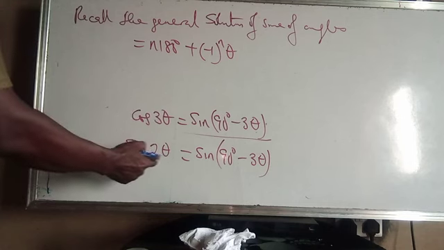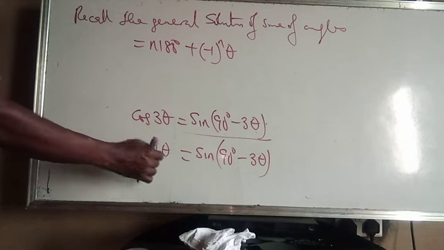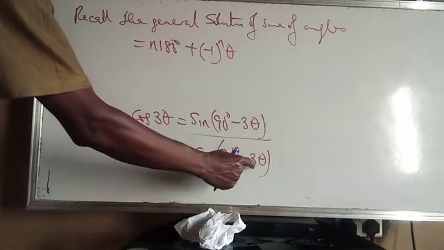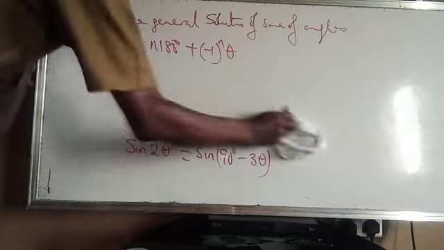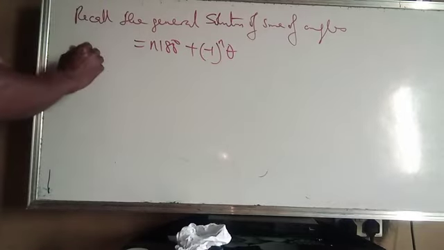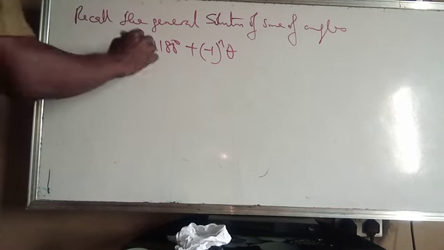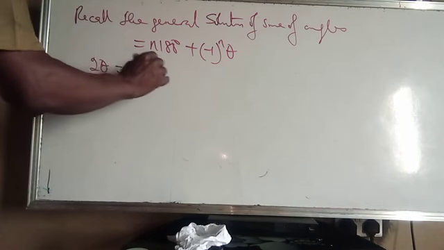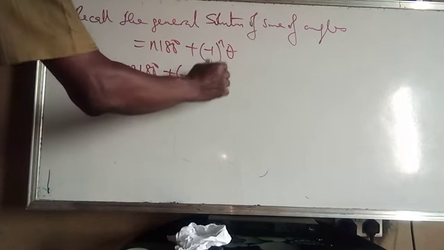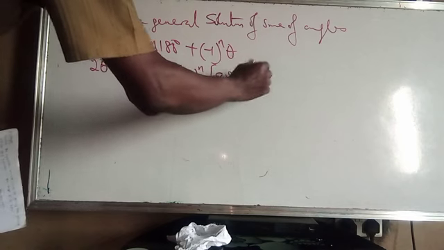So in this case, if we pick it up here, we have 2 theta equal to sine of this. So we can say that 2 theta is equal to 90 degrees minus 3 theta. That means 2 theta is equal to n 180 degrees plus minus 1 raised to n, then our theta now is 90 degrees minus 3 theta.